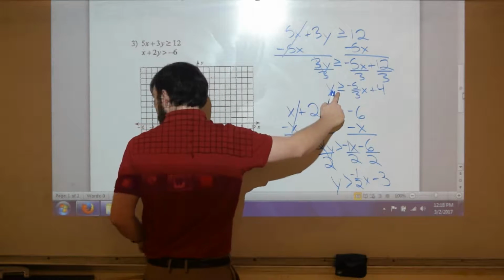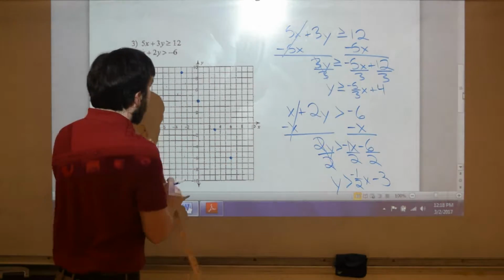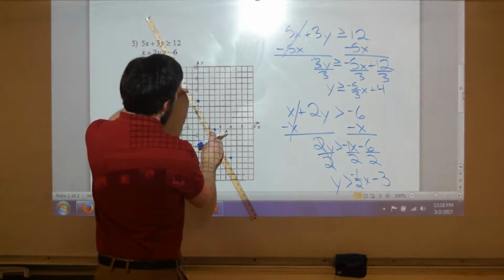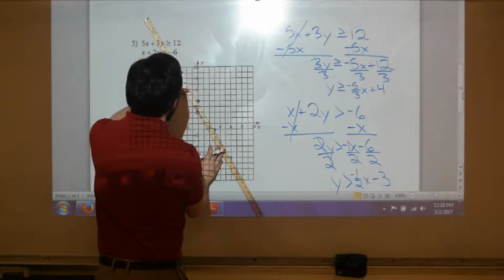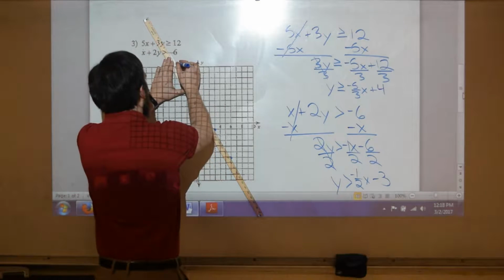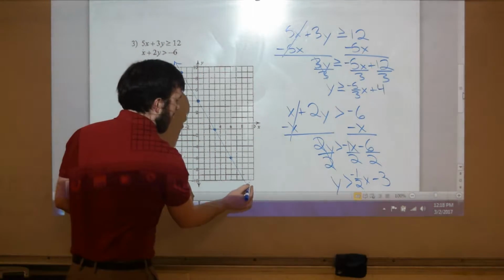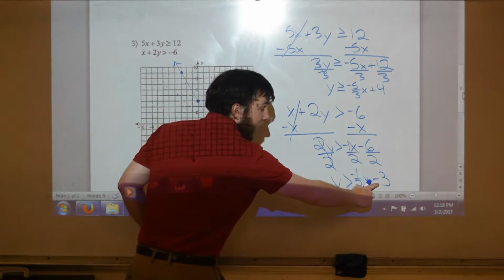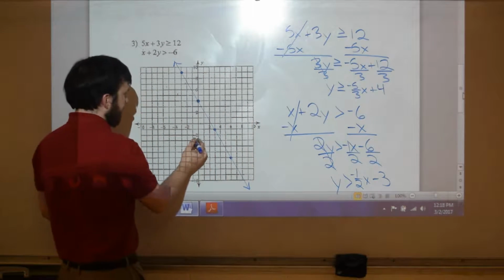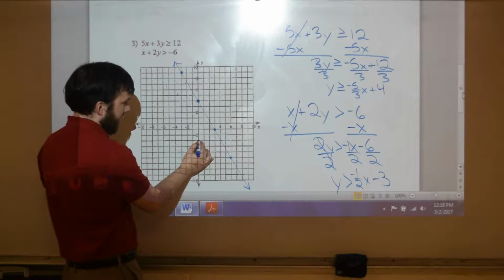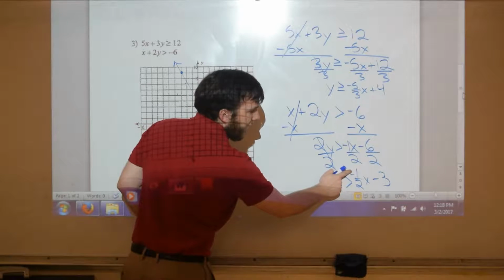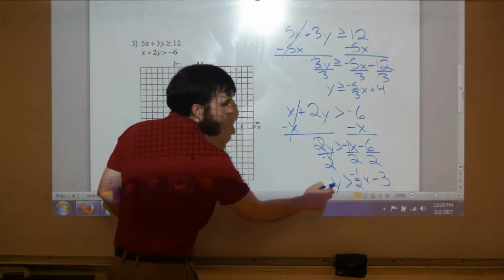Let's see, we have the equals, so we are making a solid line. Y-intercept of negative 3. And then a slope of negative 1/2, so down 1, right 2.